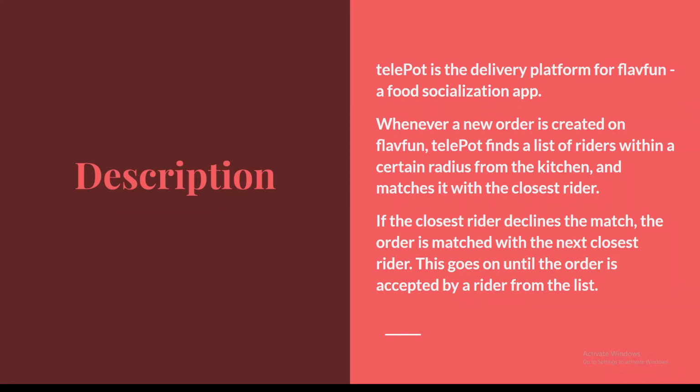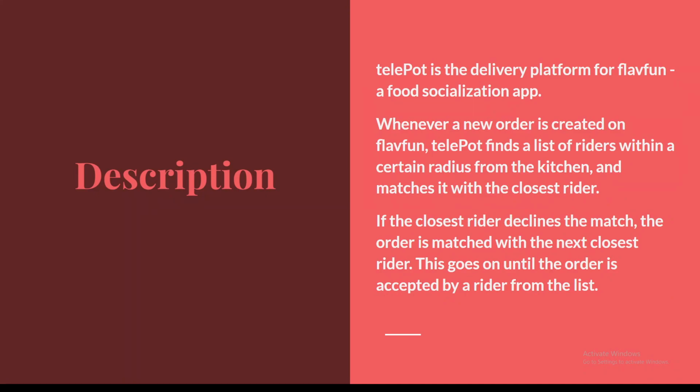And in order for us to calculate the distance of each rider to the kitchen location, we are going to use Google Map API for that, the distance matrix API. So the distance matrix API will return the distance of each of those riders that are within a particular radius to that kitchen, and we have to sort those riders using their distance to the kitchen.